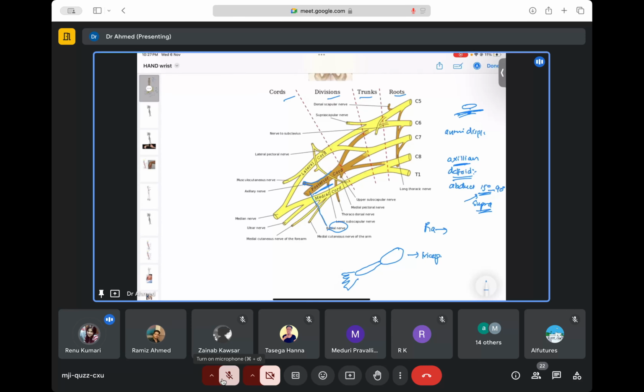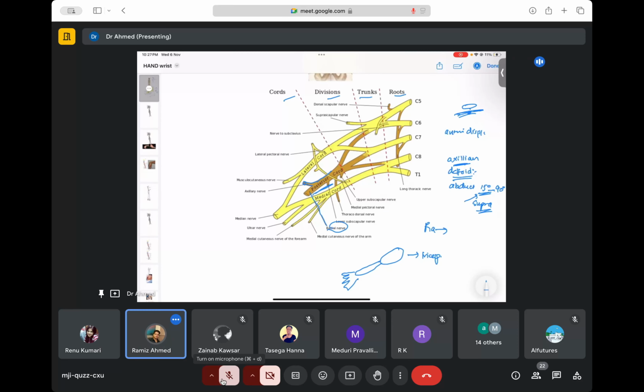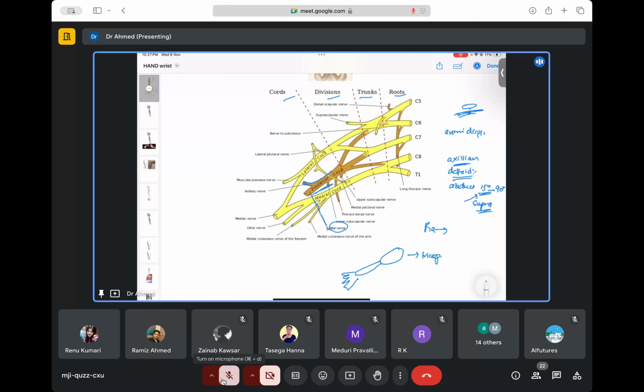What's the function of the triceps muscle? Extension of the elbow. It's going to extend your forearm, right? On the back of your forearm, you have extensor muscles as well, which are going to extend your wrist. They are also supplied by your radial nerve, right?